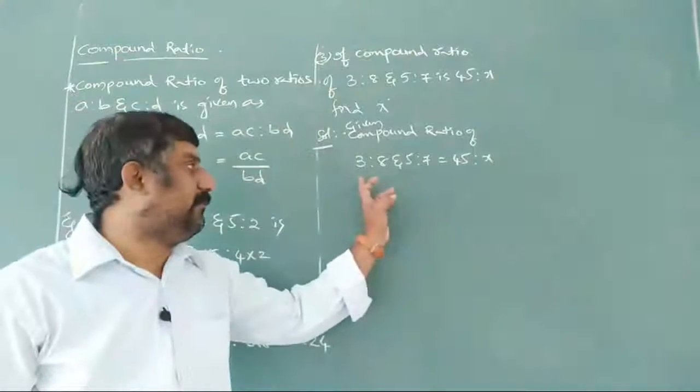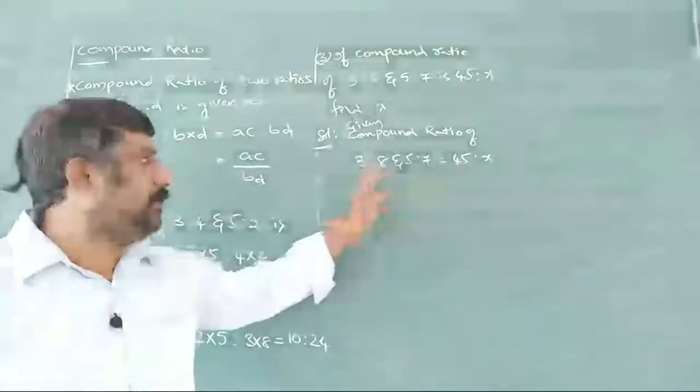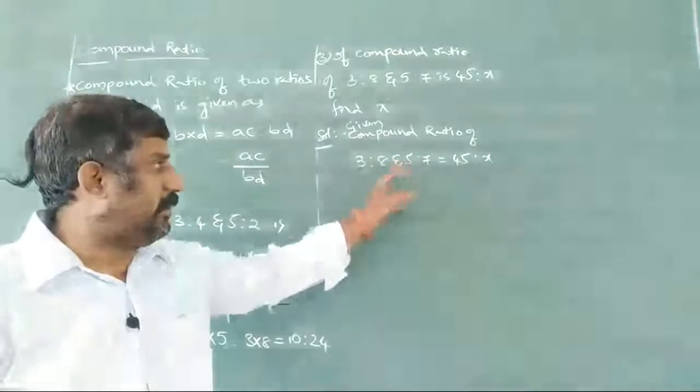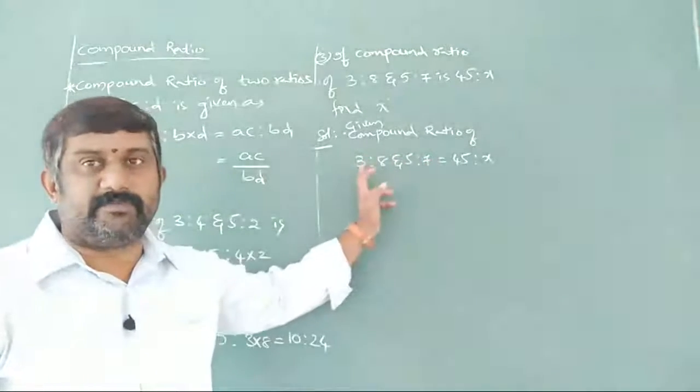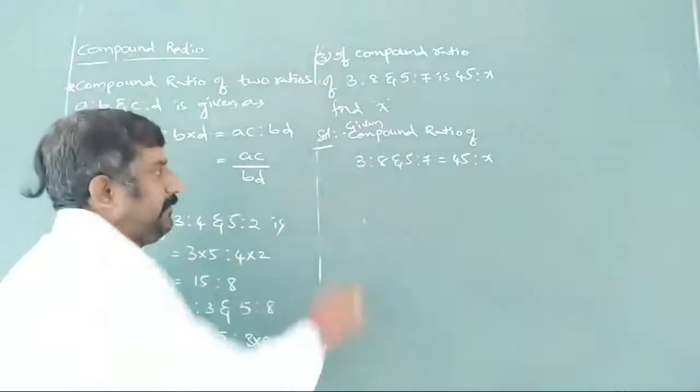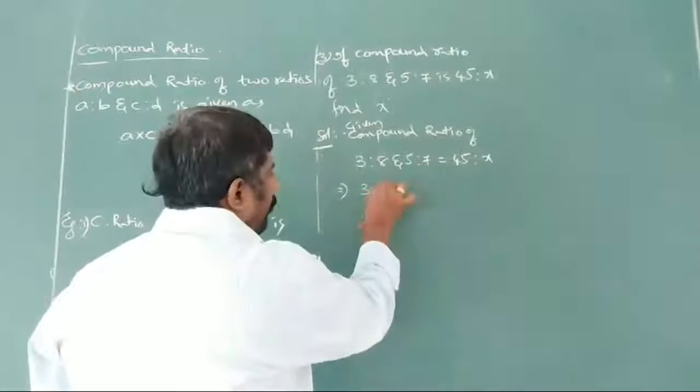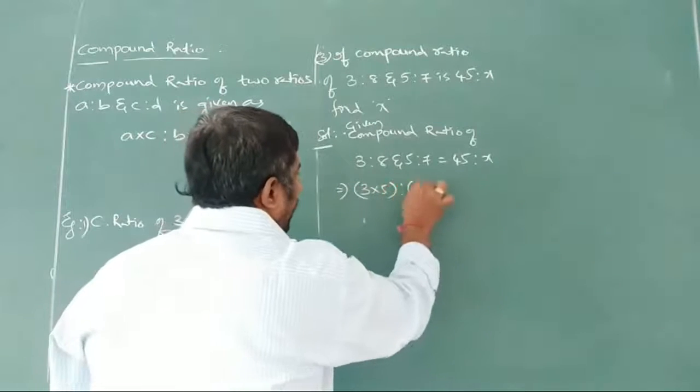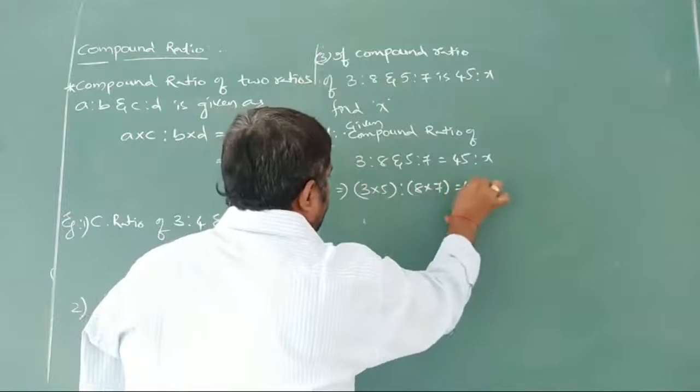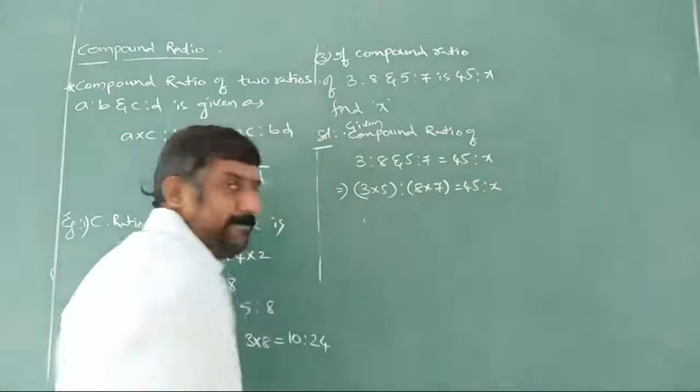Now, what is the formula for compound ratio we have here? Product of first terms as well as product of second terms, first terms is to second terms. Nothing but what we can write here: 3 into 5 is to 8 into 7 is equal to 45 is to x.